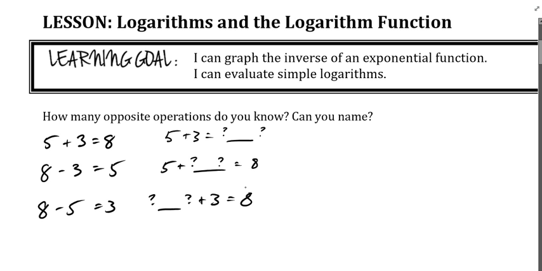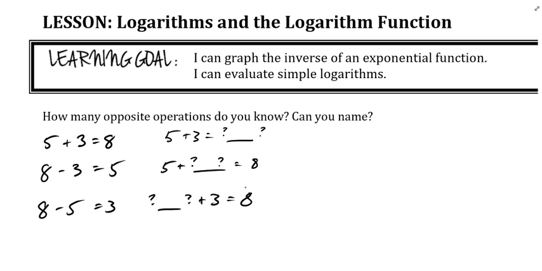So this is kind of the idea of doing an opposite operation or undoing an operation. This is how you would have learned a little bit about subtraction in elementary school: what number would you add to 5 to give you 8? Or, in other words, 8 minus 5 is what? Same kind of idea.